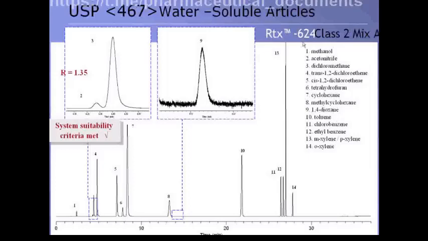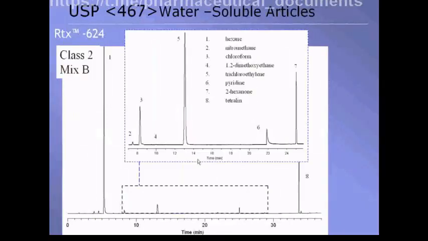If we look at our RTX 624, we can see that we are getting a resolution of 1.35, but that is a tight system requirement, and this is a common problem with conventional 624 type columns. But overall, we can see that we are actually meeting the system suitability requirements for this method, and this is ultimately what the chromatography should look like.